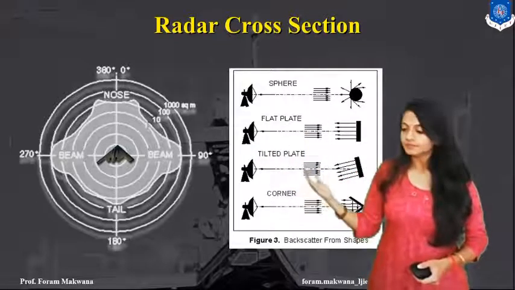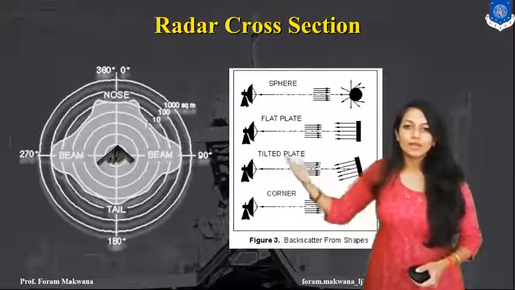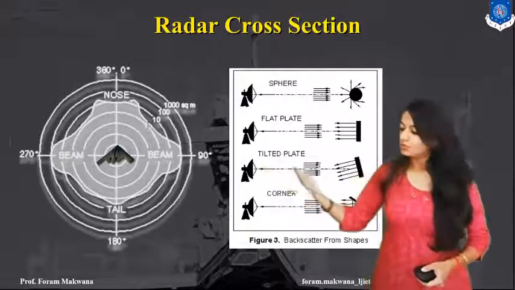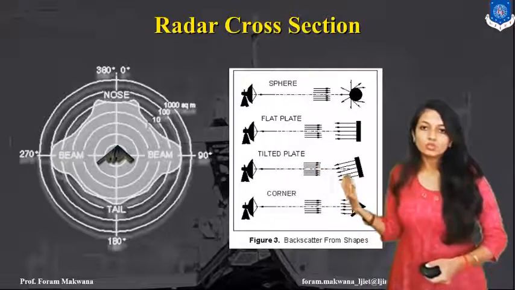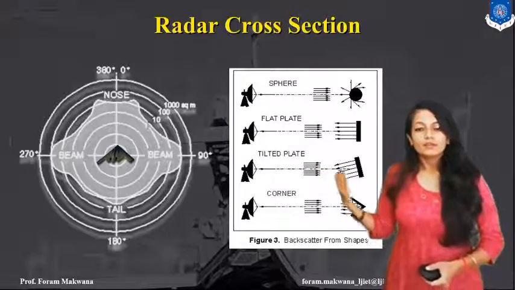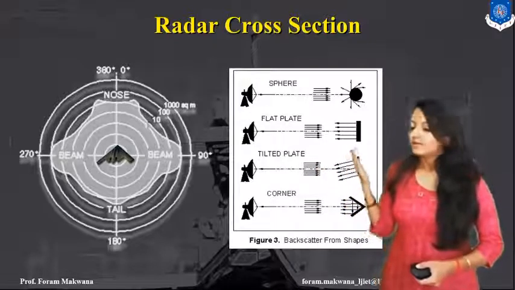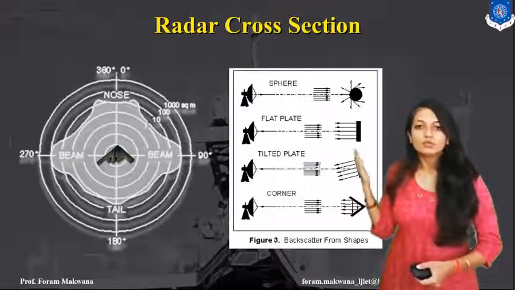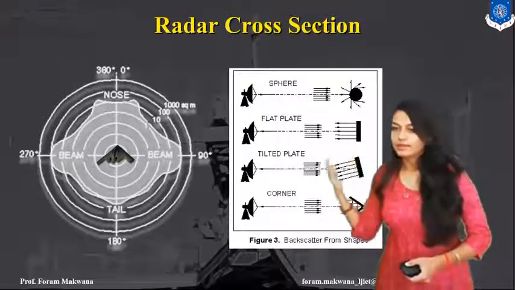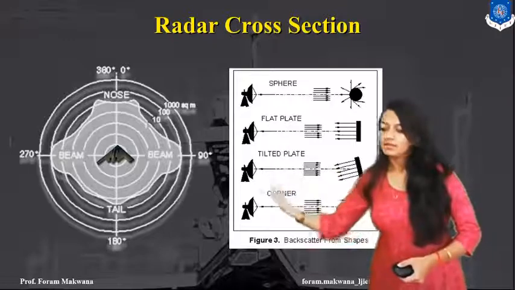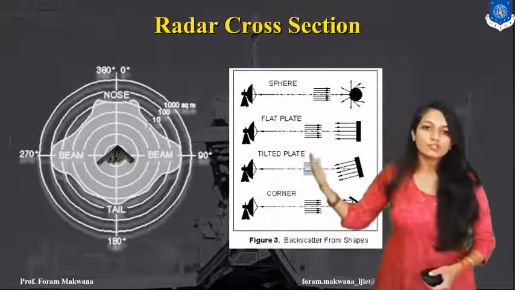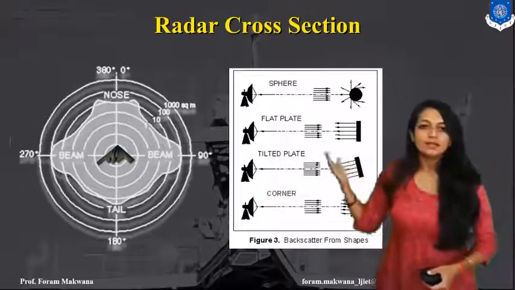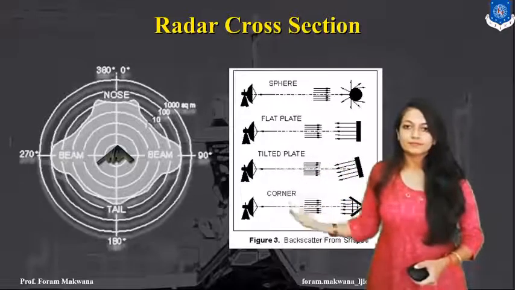Third, the radar antenna transmits the signal to a tilted plate, so my echo signal is directed in the direction in which the plate is tilted.